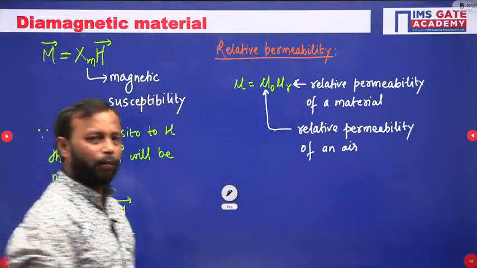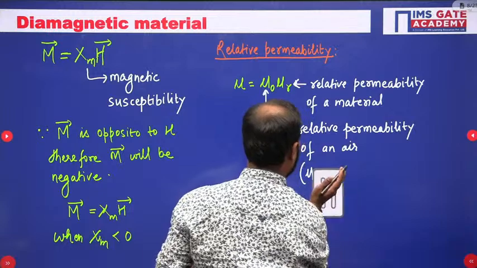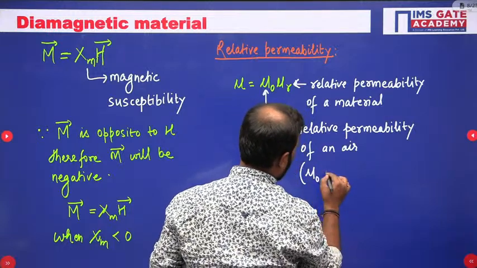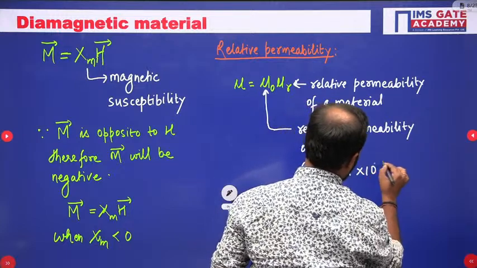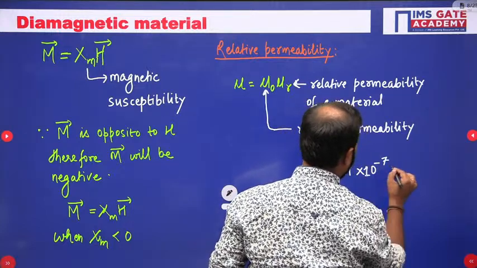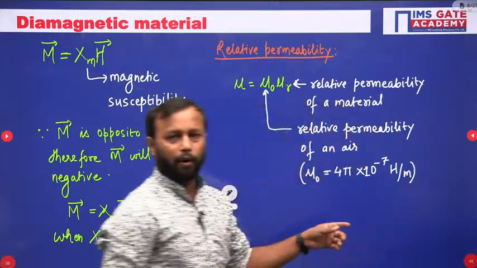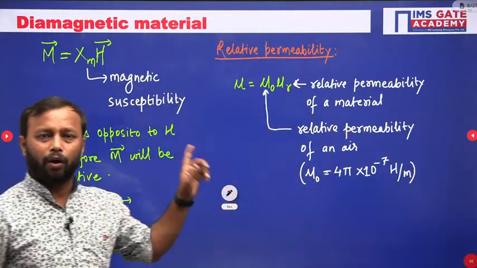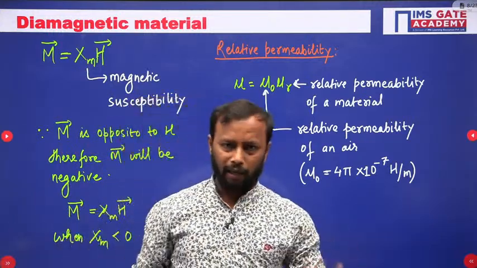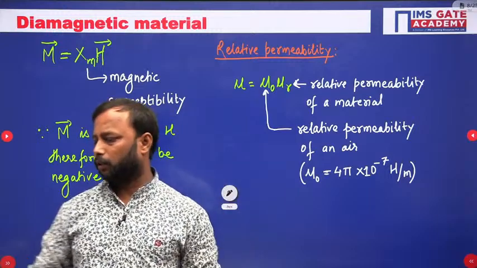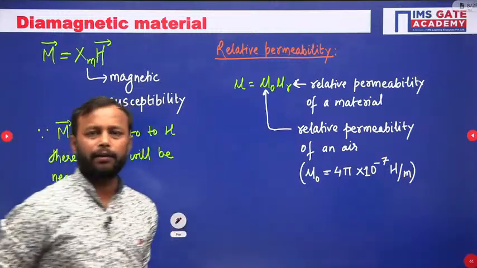And what is the formula? Oh, sorry, the practical value of mu naught. This mu naught is equal to 4 pi into 10 to the power minus 7. It is very important, so please do remember this value, because you will use it not only in electrical machines, but also in power systems, in EMFT, and in whatever subject is related to magnetism. Okay?